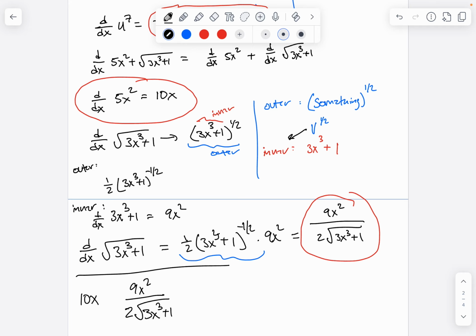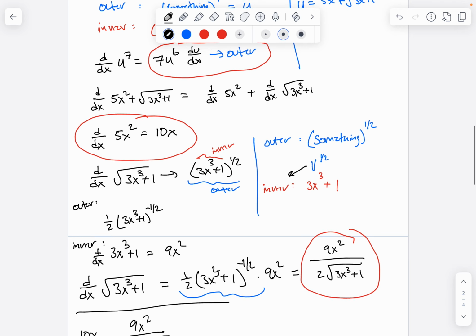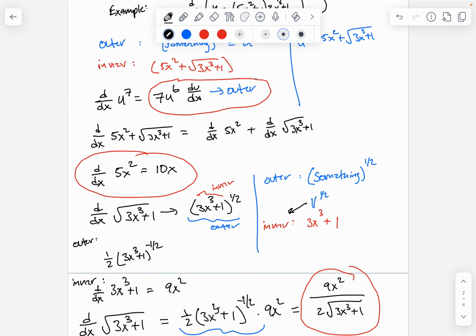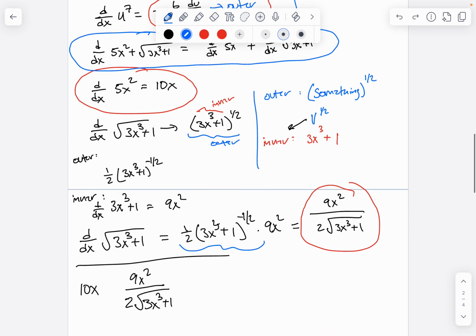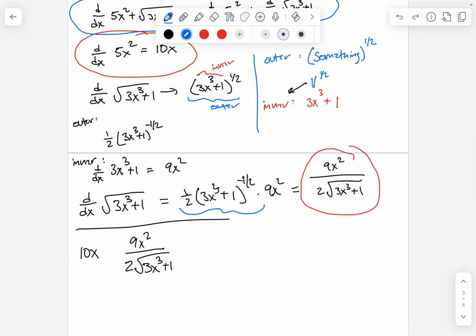Now, instead of multiplying, we have to go back up, and we notice that we did the addition rule right here. So we actually have to add them together. I'm going to leave it in blue just to signify this because this is all one term.